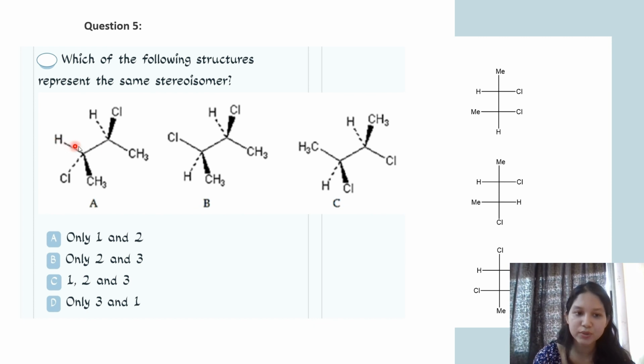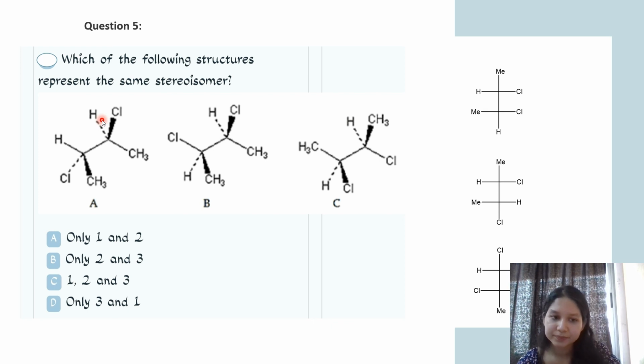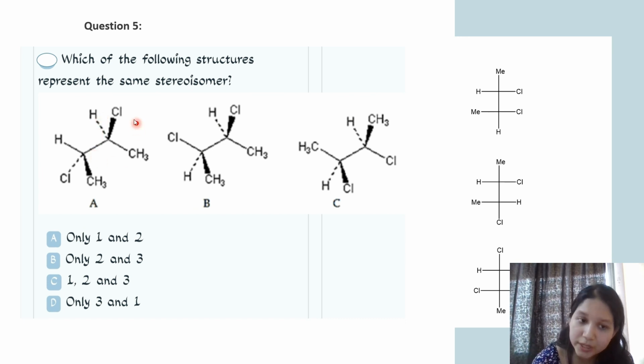Now you can see that hydrogen and methyl are oriented in the opposite direction. So to bring this methyl to the direction of hydrogen, we will rotate this center by an angle of 180 degree. And this will not cause any change in the configuration of the stereogenic center, or bring any change to the structure also. Okay, you just have to rotate one center by 180 degree. If we rotate it by 180 degree, this methyl will come parallel to this hydrogen.